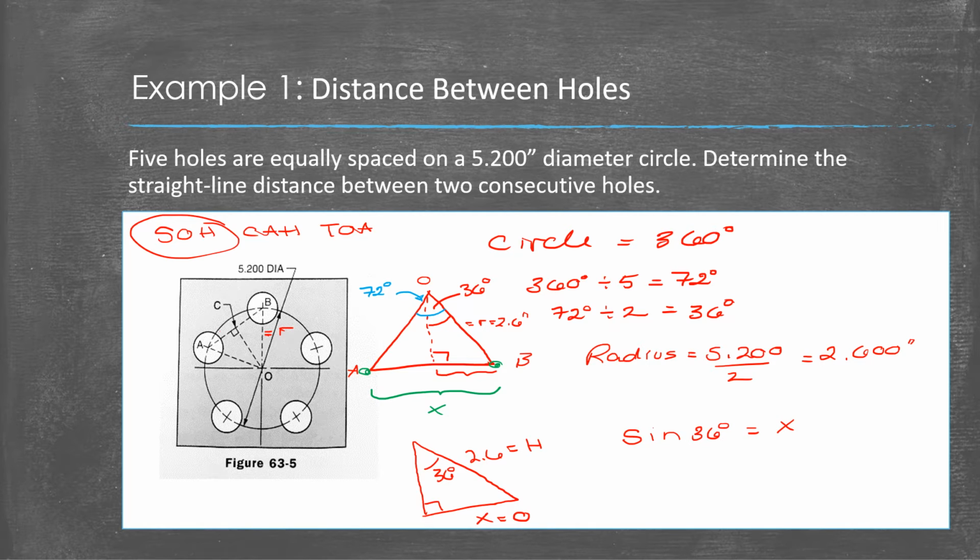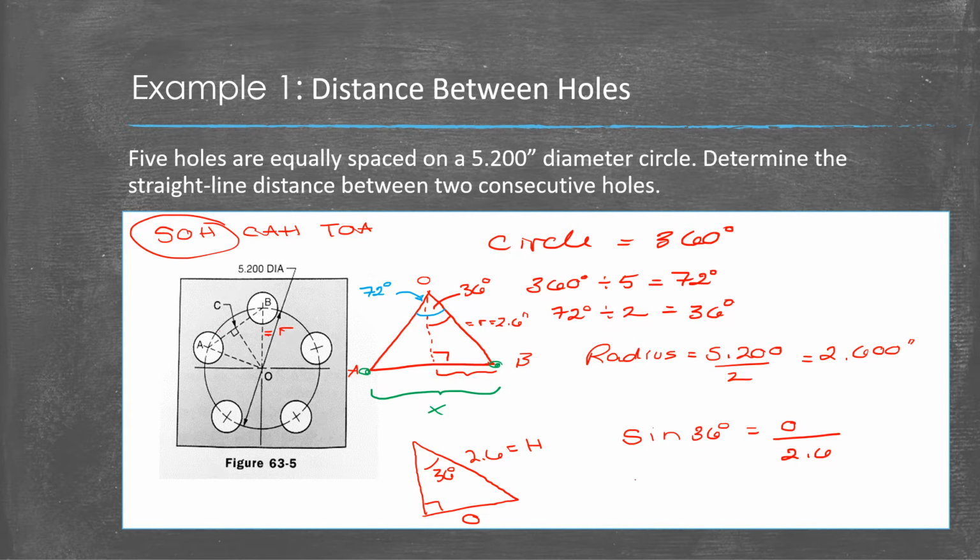So that's our x, or let's just change that up a little bit. I'm going to call that O, just because I don't want to have two x's for you. One x is bad enough in a question, two x's is worse. So we're going to call that O divided by our hypotenuse of 2.6.